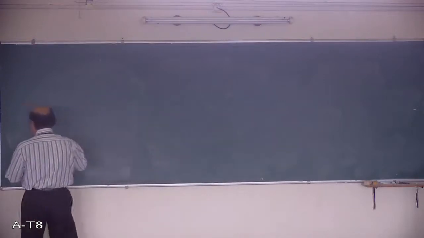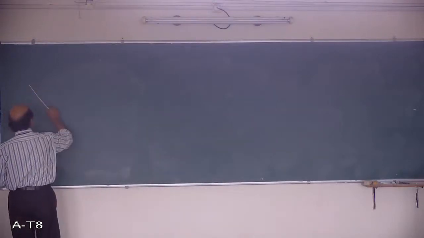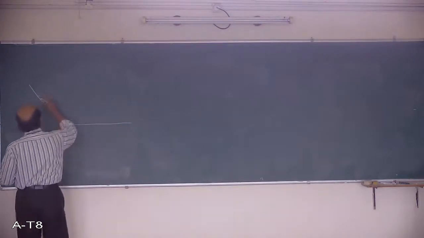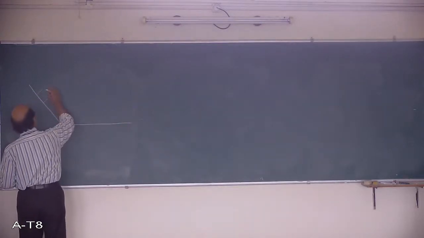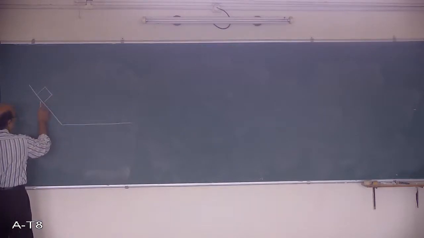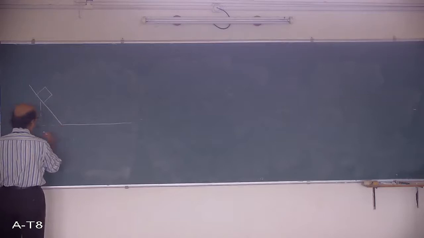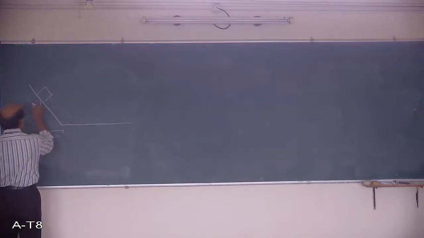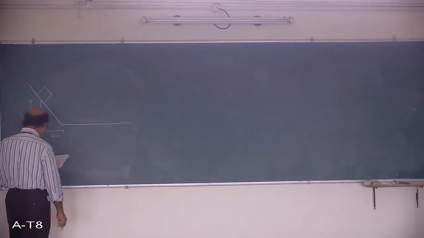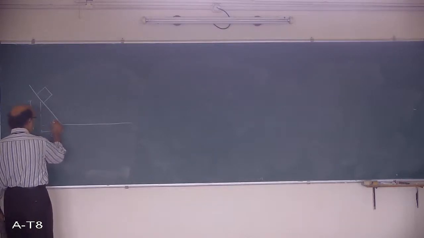I will draw the figure first because the figure is very important in this case. One block is at rest at the sloping position and these angles are given. This distance is 4 meters and this distance is 3 meters, the vertical height is 3 meters, and it makes a certain angle theta with this.